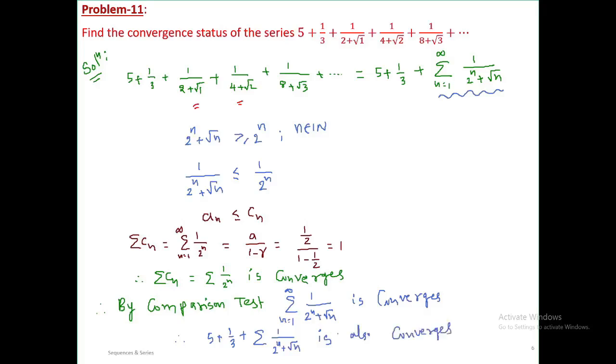This series is the given series only. Therefore the given series converges. By which test? By comparison test we are concluding. Okay. Next, continuation of problem number 12.